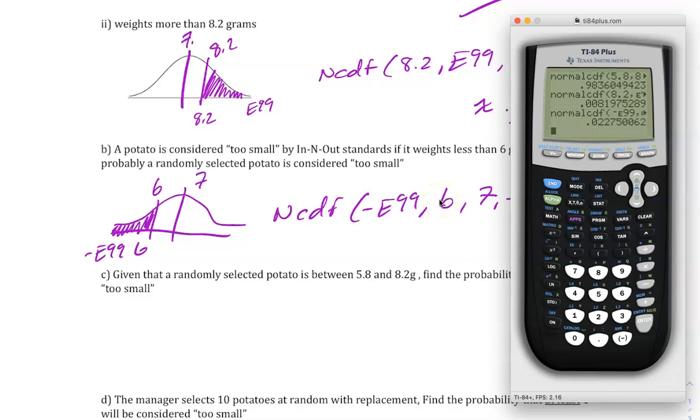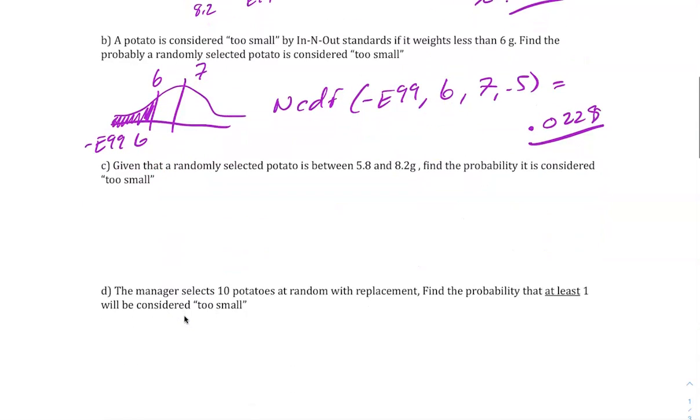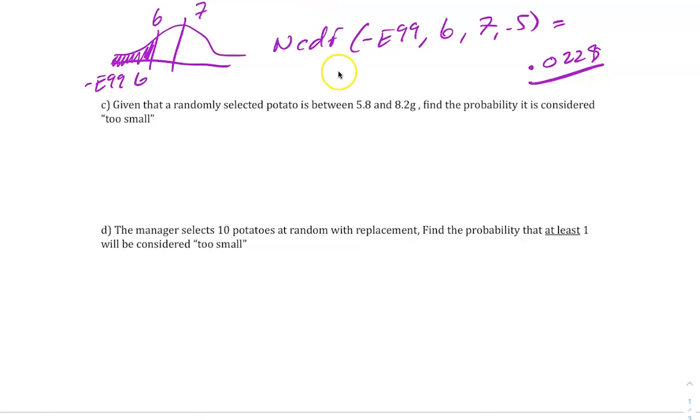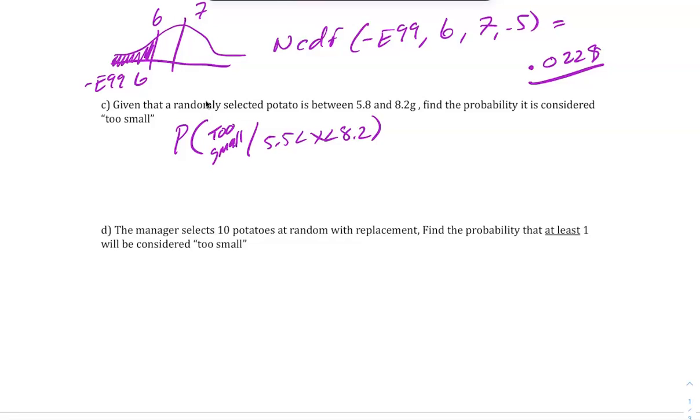So we get that. Next, given that the selected potato is between 5.5 and 8.2, find the probability it is considered too small. So we're going to use the formula. Remember the formula sheet is this.